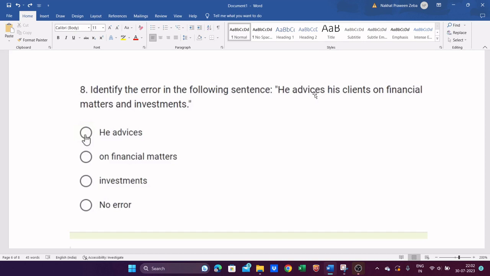So that time the spelling will be ADVICE, correct. But when I'm using it as a verb, like I'm advising you, that time it will be ADVISING, right? So he advises, here he is advising, so ADVISES should be there. So that's why it is the erroneous word. So option number A will be the correct answer.